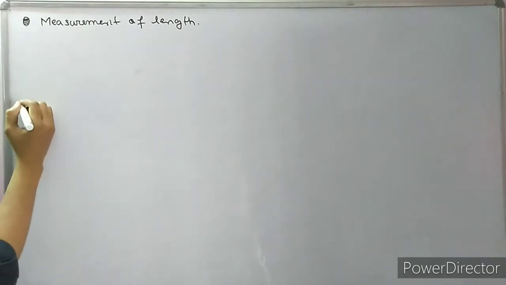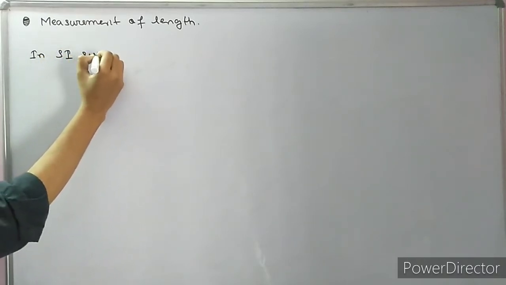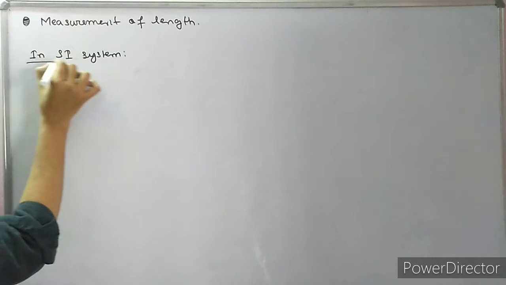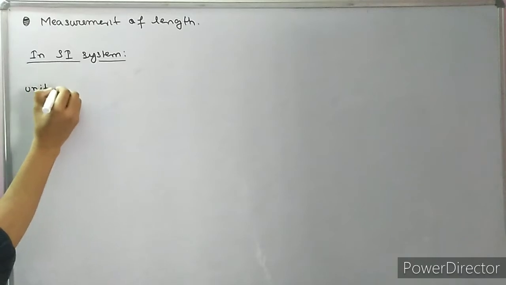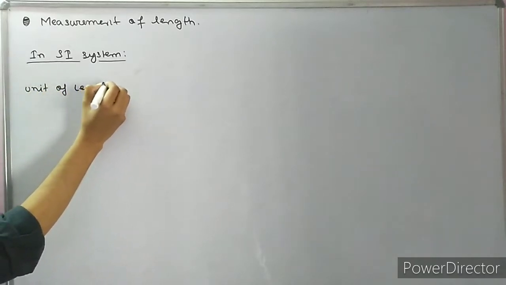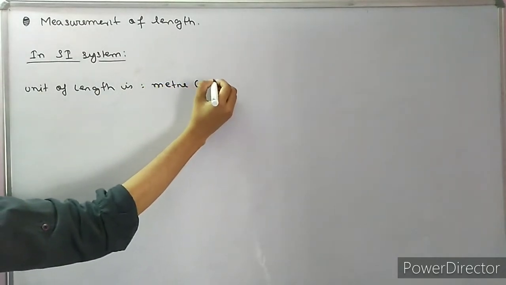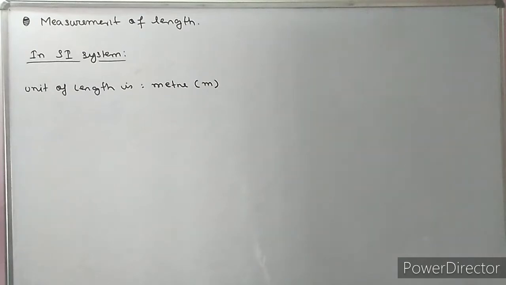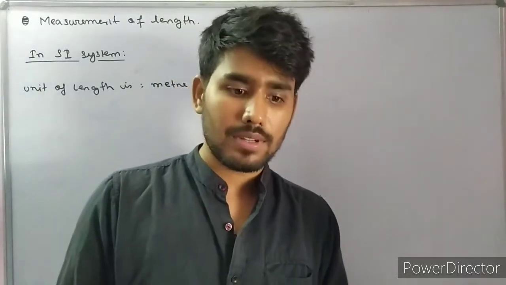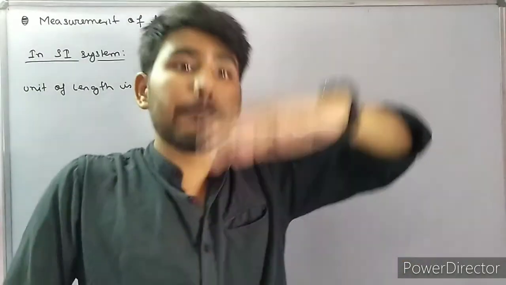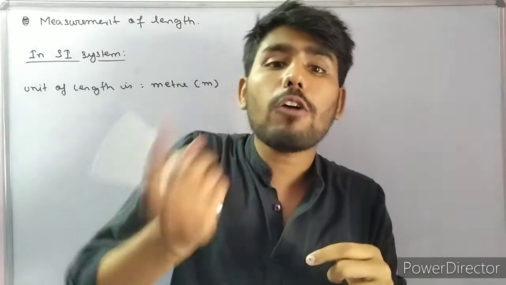First we'll start with the SI system, the standard international system. The unit of length is meter, M-E-T-R-E, represented by the symbol small m. This is the SI unit. But there are some units which are bigger than meter.